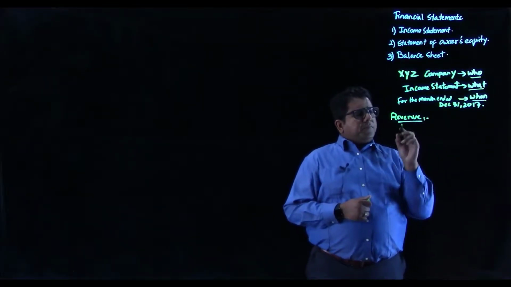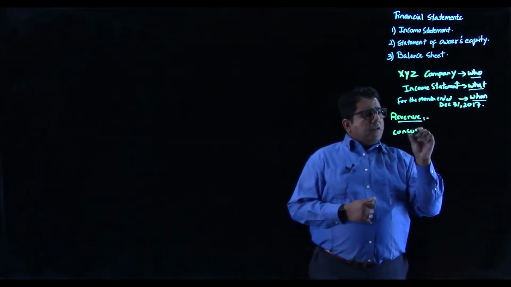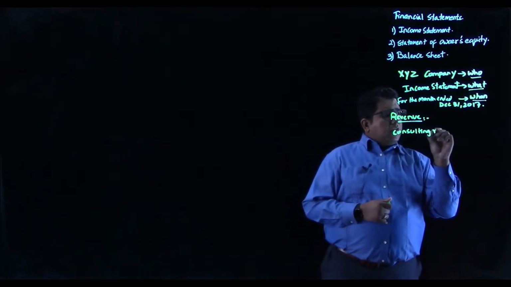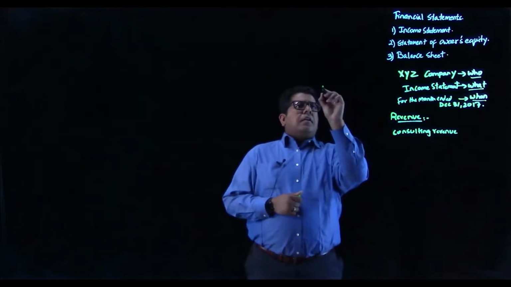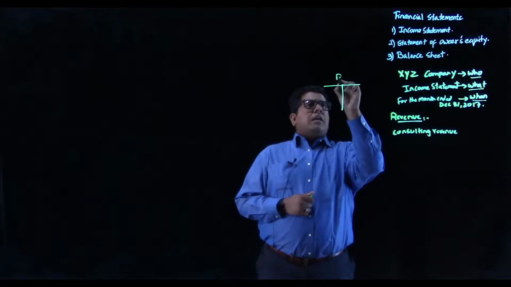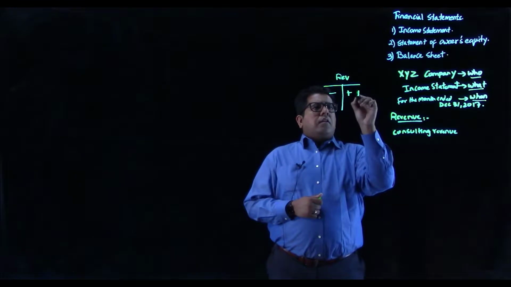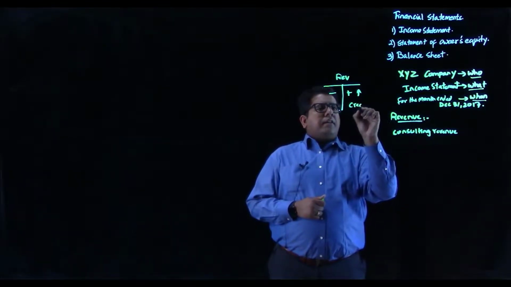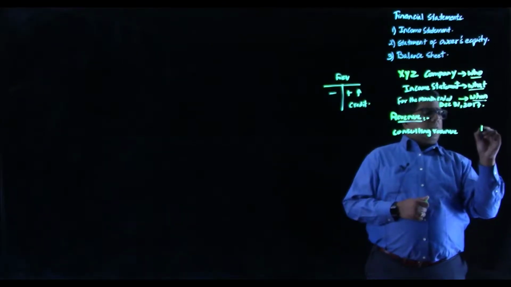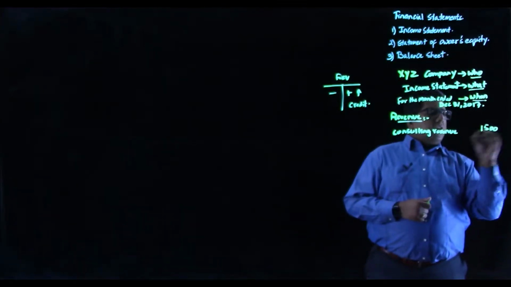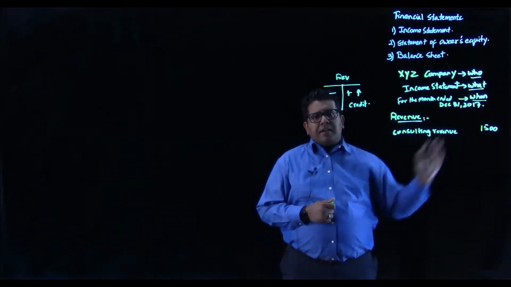You start off with the revenue for the income statement. Revenue has your consulting revenue, for example. If you do the T account, you will see revenue goes up on the right hand side, which is the credit side. So you will write, for example, 1500, indented towards the far right.